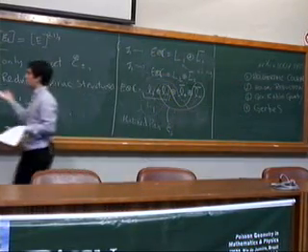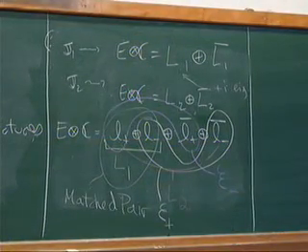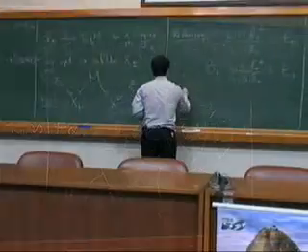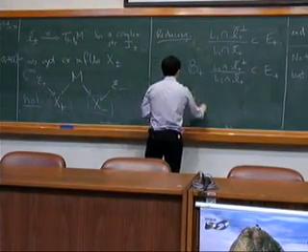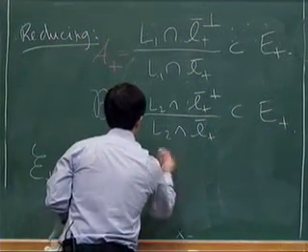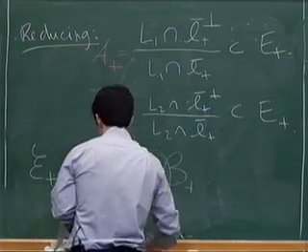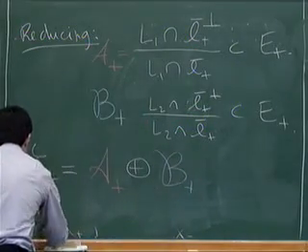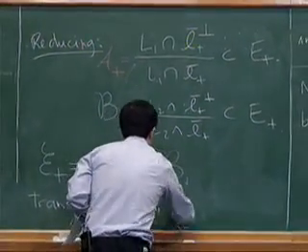The point is that there are two Dirac structures and they pass down to E plus. So this tells me that E plus is a sum of two Dirac structures which are actually transverse. So these are transverse holomorphic Dirac structures.